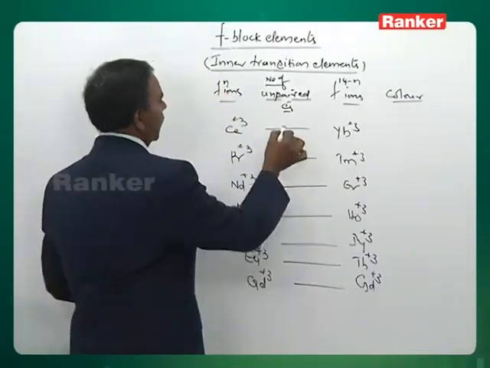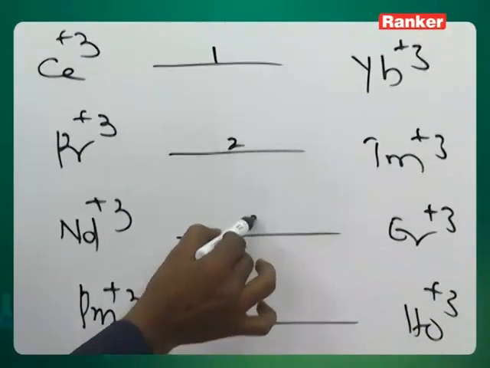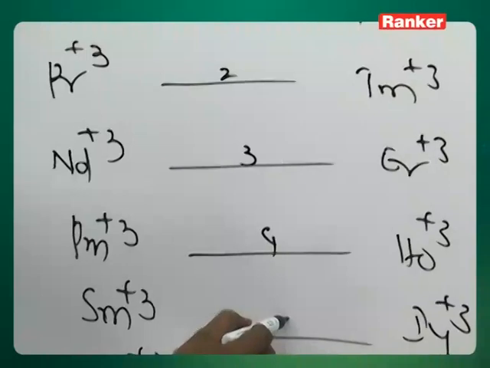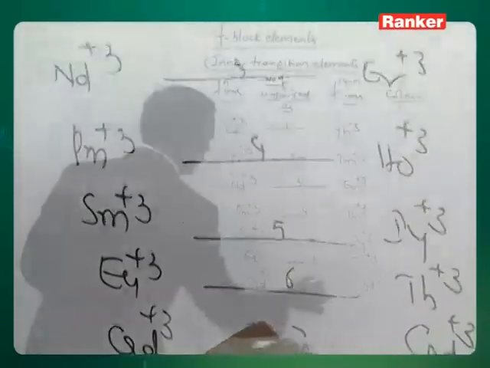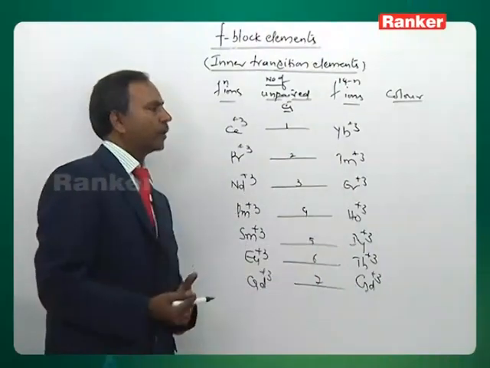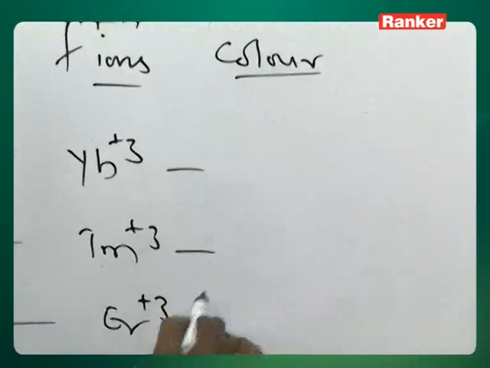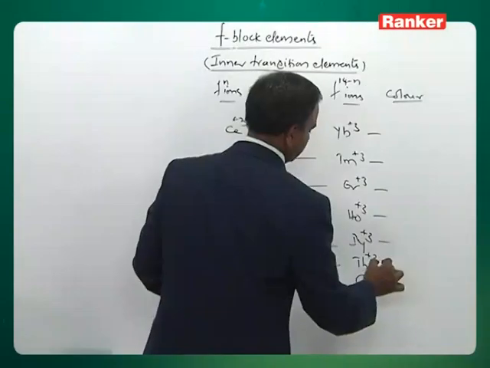Now the pairs are carrying the same number of electrons. Check your notes: 1, 2, 3, 4, 5, 6, 7. All these pairs carry the same number of electrons and their color is also found to be more or less identical.